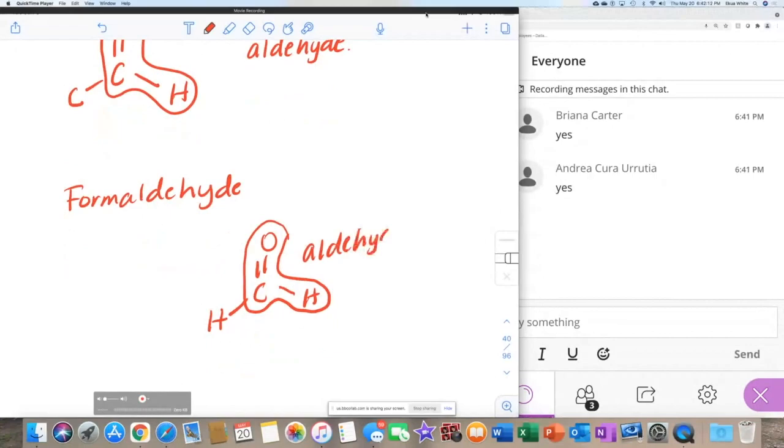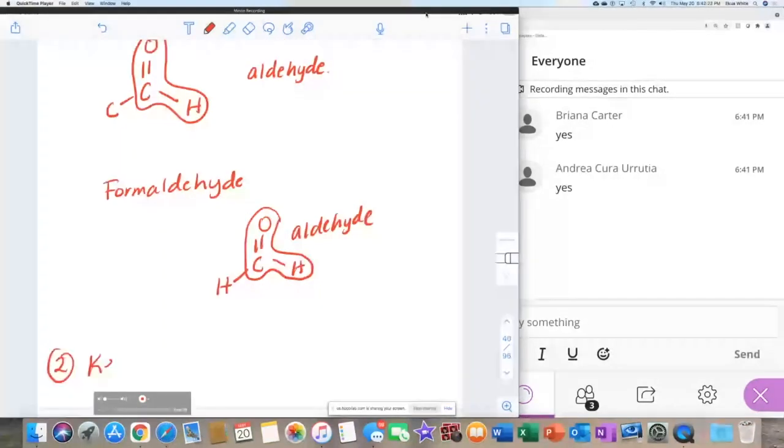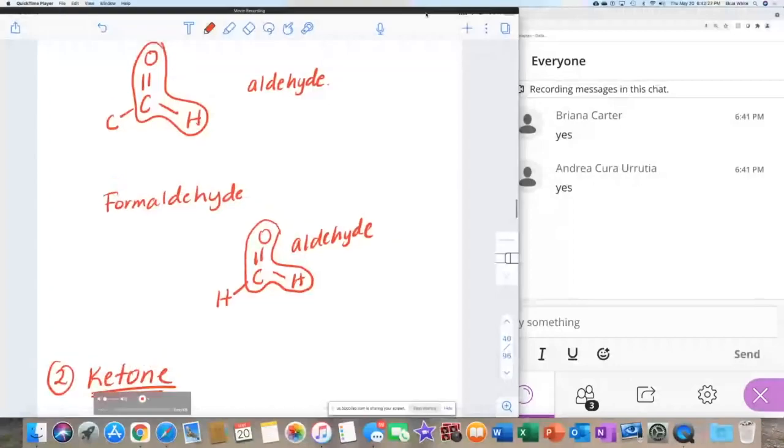The next one is ketone. This is the collective name of compounds that have the following functional group. Let me add this right here. With ketone, think about common ketones. The most common ketone I can think about is acetone.